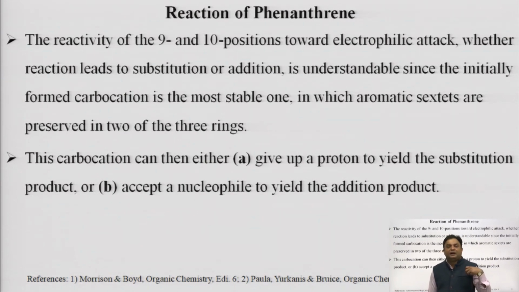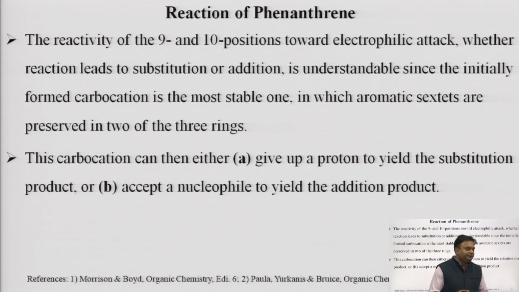Suppose the intermediate carbocation formed in electrophilic substitution reactions has 5 resonating structures. Out of 5, in 3 structures, 2 benzene rings out of 3 have the aromatic structure intact. This means these particular structures will contribute more, and the final reaction will proceed according to that stable carbocation structure.